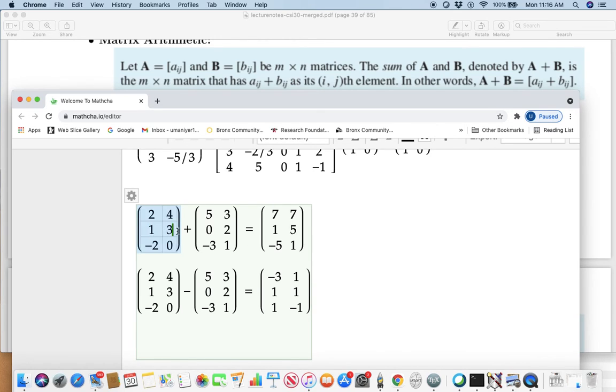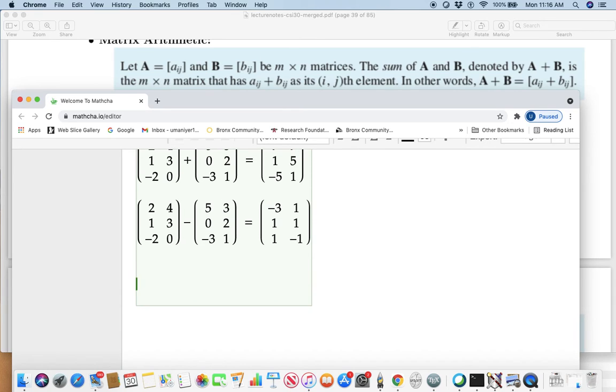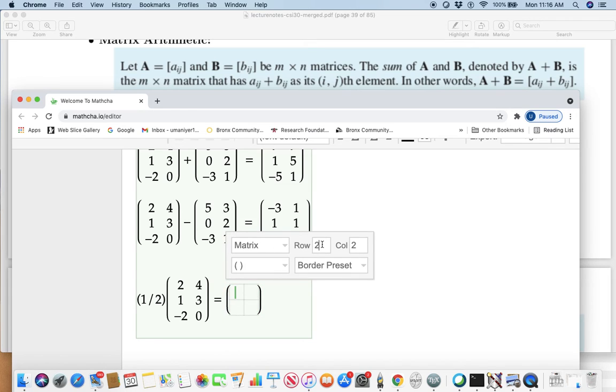I'll take this matrix and multiply it by 1 over 2. What this means is I get a matrix of the same size, but each entry is multiplied by 1 over 2. 1 over 2 times 2 is 1.